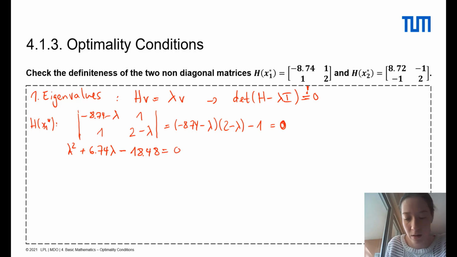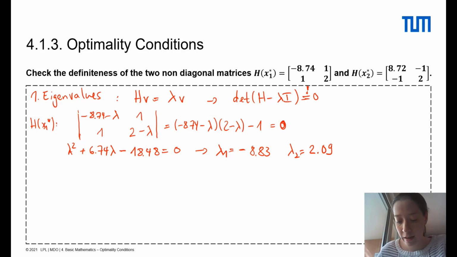18.48. So we have lambda 1 is minus 8.83 and lambda 2 is 2.09. And note that usually they are ordered according to their size. So we start with the smallest and then go bigger.